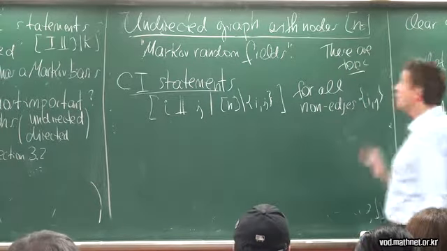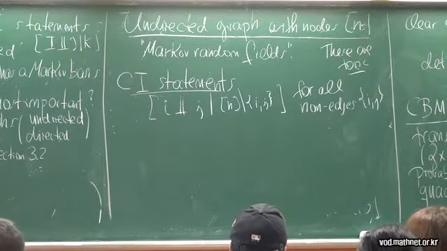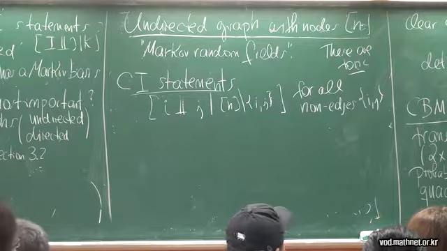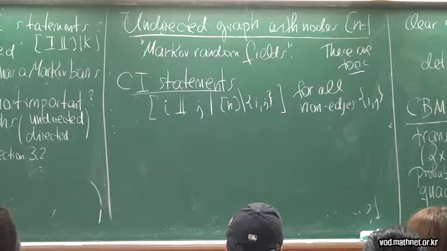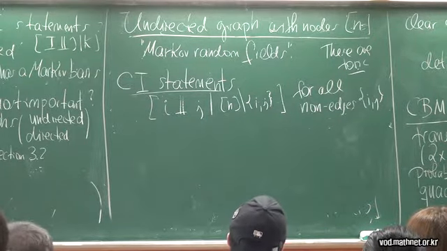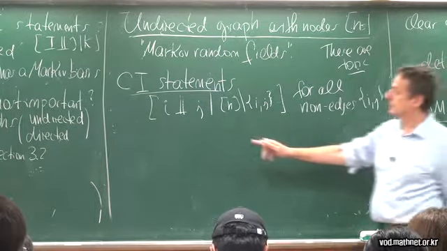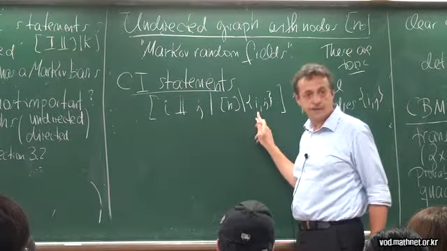So whenever you see a non-edge in the graph, if I and J are not connected by an edge, you write the statement: the singleton I is independent of the singleton J given all the other random variables. That's a saturated statement, right? Because this union is everything.